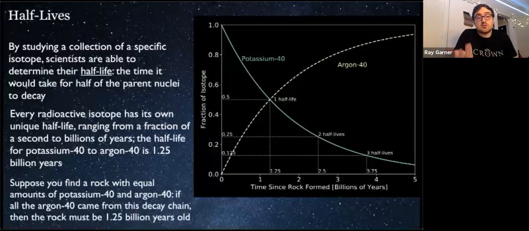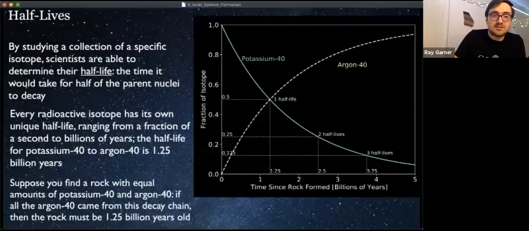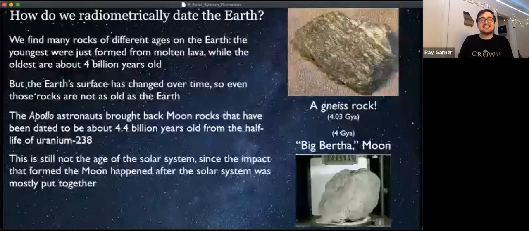Potassium 40 is a natural ingredient in many rocks, but argon 40 is a gas that does not combine with other elements, and so it could not condense in the solar nebula. So if you find argon 40 gas trapped inside minerals, it must have come from the radioactive decay of potassium 40. This is how we use half-lives to deduce the ages of rocks and minerals, and how we will use it to radiometrically date the Earth.